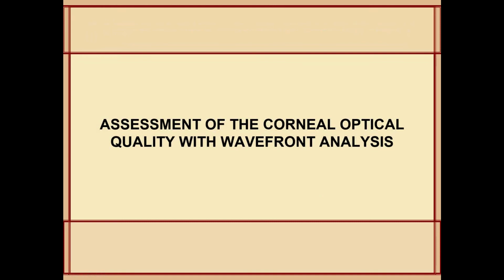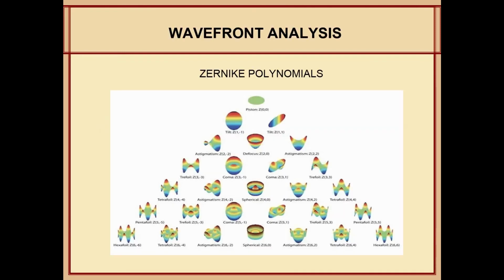Now, one more thing that the Pentacam allows us to do, ever since it was put in service, is the assessment of the corneal optical quality with wavefront analysis. I don't know if you are familiar with the Zernike polynomials of the wavefront at the different levels, whether it's 1, 2, 3, 4, or different levels of aberrations.